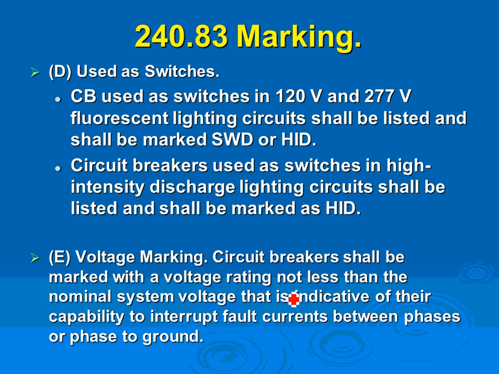If you're using a circuit breaker, guys, as a disconnect, and you're disconnecting high intensity discharge lighting, they have to be labeled either as a switch or high intensity discharge. The voltage rating tells you that if you have a circuit breaker rated for 240, you cannot install it on a system rated for 480. But you can do the opposite: if it's a 480, you can install it in a 240 system if it fits.